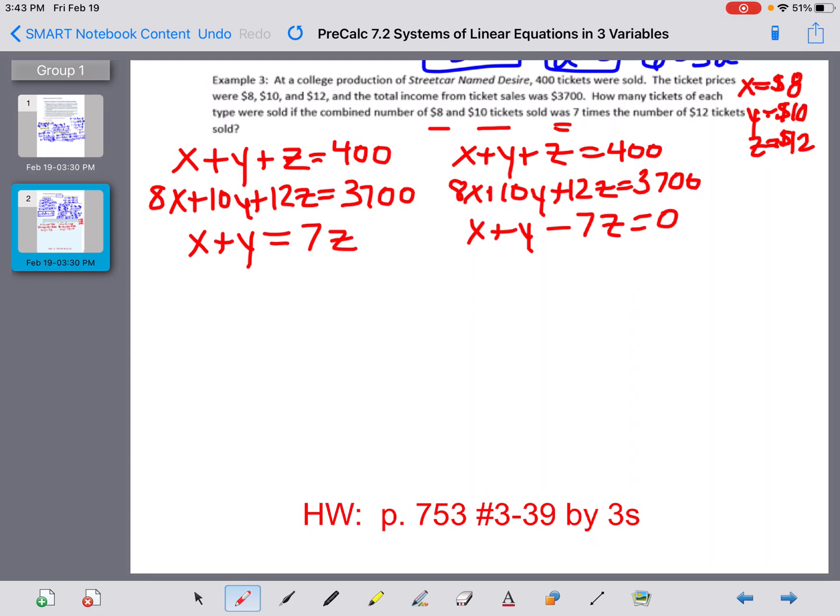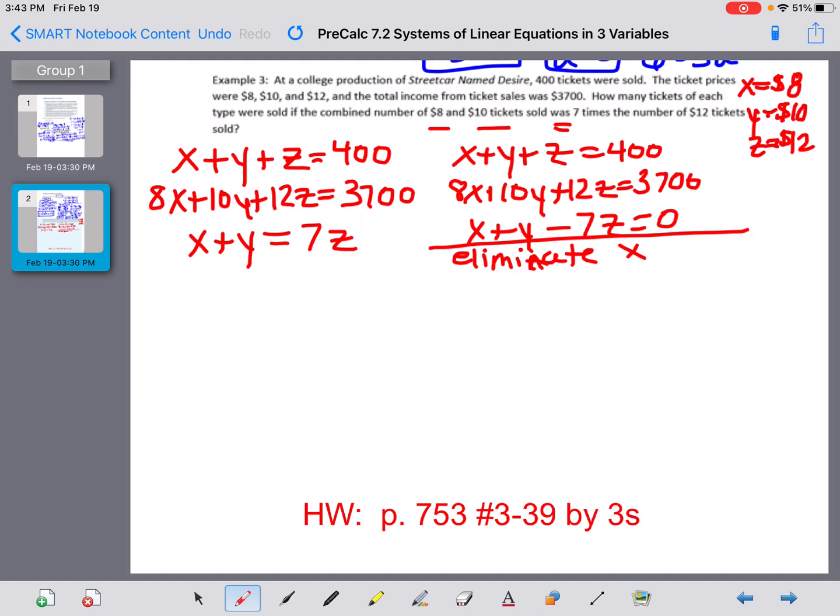I would say the X's or the Y's look the easiest to eliminate, is what I'm seeing right now. So maybe I'll go for the X's. So make a choice, right? I'm going to eliminate X. I'm writing it down so I don't lose track of what I'm doing.